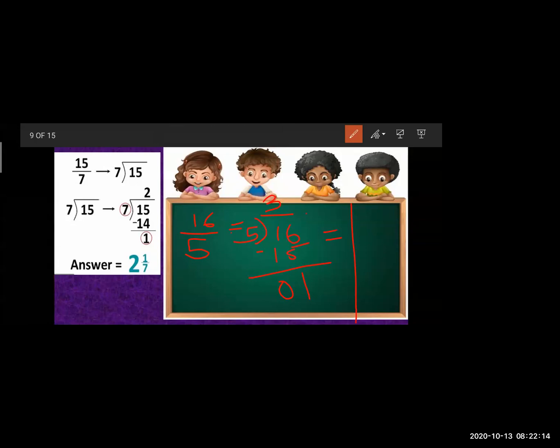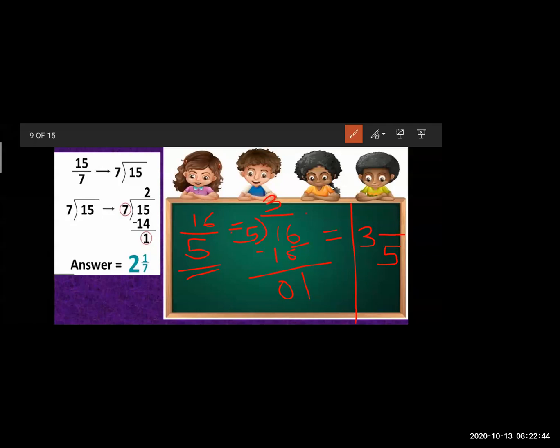Now what mixed number will I get? Next, teacher. What will be the denominator? Teacher, the answer 3 will come in the integer place. Okay, very good. Denominator will be 5.